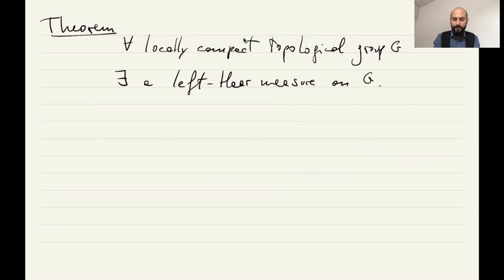Okay, let's prove it. So we fix some f0, a compactly supported positive continuous function.